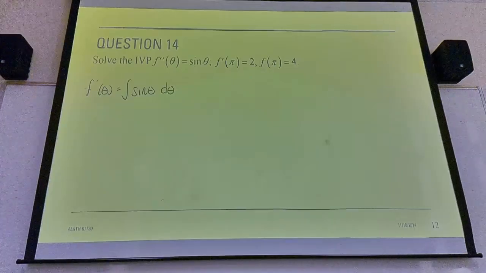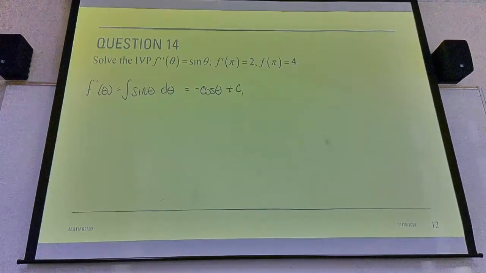Start by finding f prime. F prime would just be the antiderivative of f double prime, right? What's that antiderivative? C. We can call it C1 in this case.